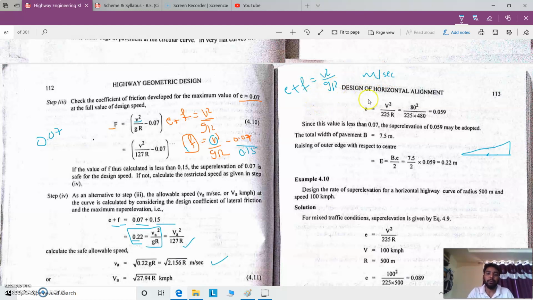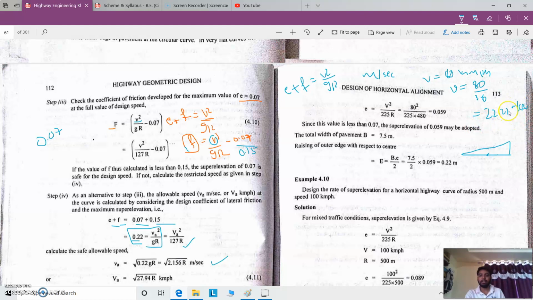Here V is given as 80 kmph, so I will convert this speed into meters per second. V is 80 kmph; in meters per second it will be 80 by 3.6, and that will give 22.22 meters per second, right?